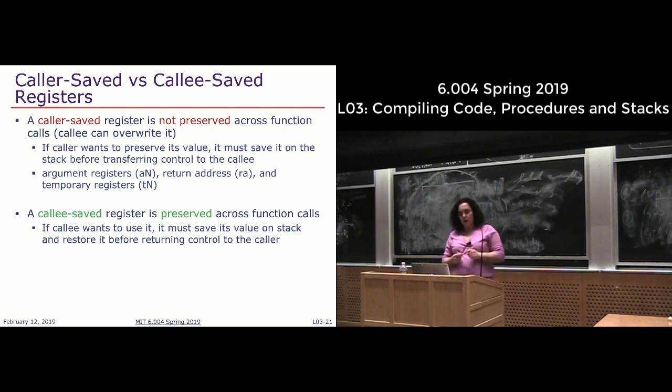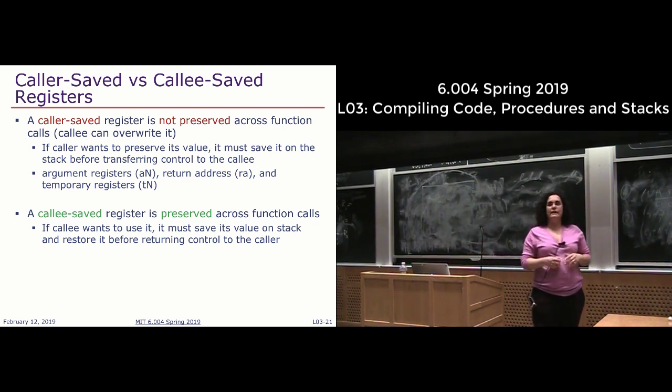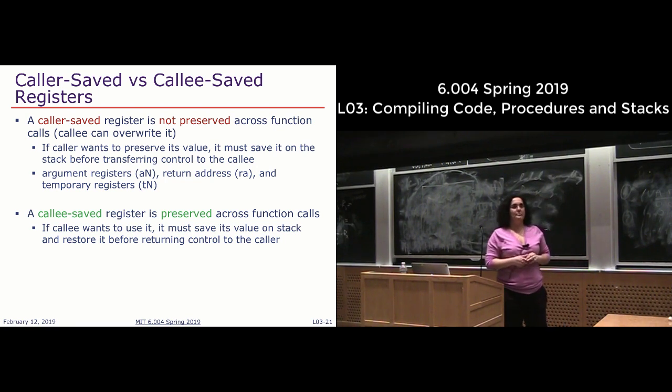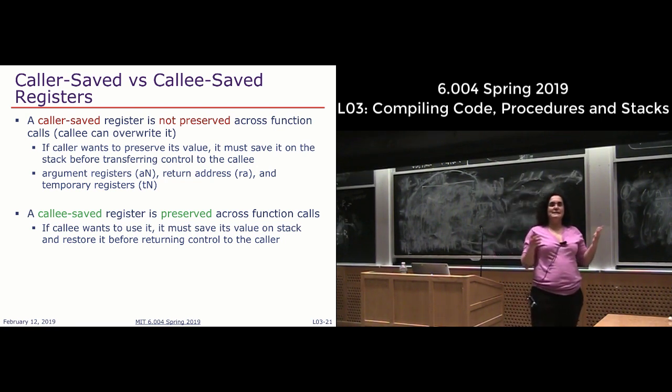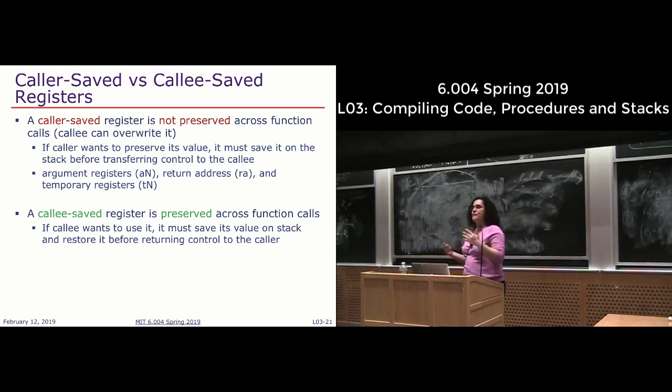All right, what about callee-saved registers? Callee-saved registers are preserved across function calls, okay? And so in this case, it's the responsibility of the callee to make sure to save it if it's going to make use of them. And so here's where our S registers come into play, okay? So we're told that these S registers, which are special saved registers, are guaranteed to always have the same value when you return from the procedure call that it had before the procedure call.